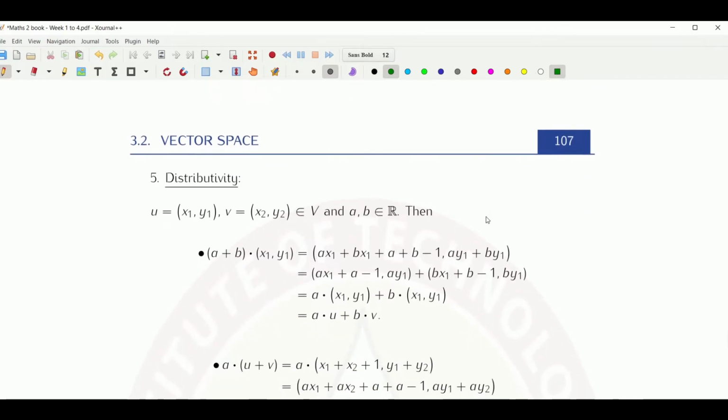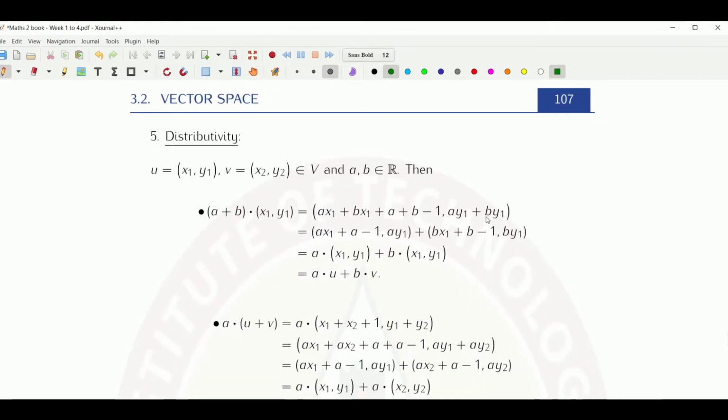Then distributivity. (a plus b) dot (x1, y1) will be (ax1 plus bx1 plus a plus b minus 1, ay1 plus by1). So (a plus b) dot y1 is equal to ay1 plus by1.